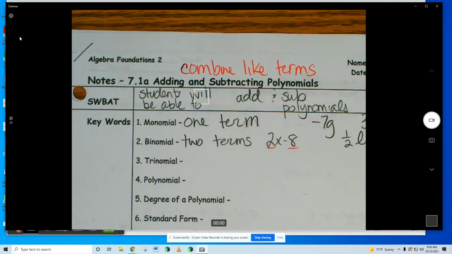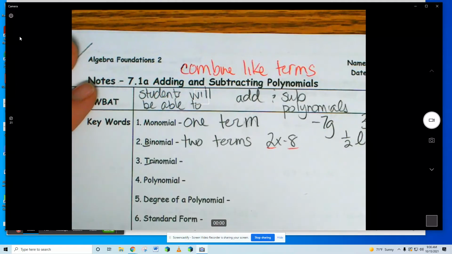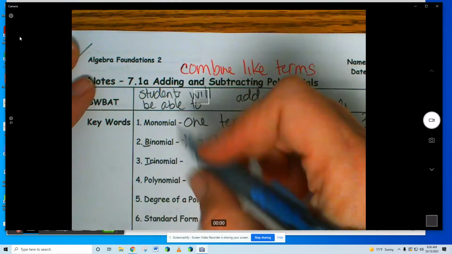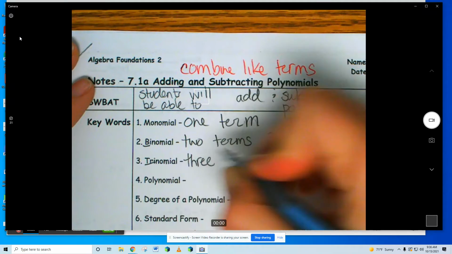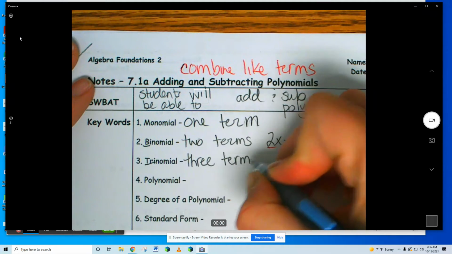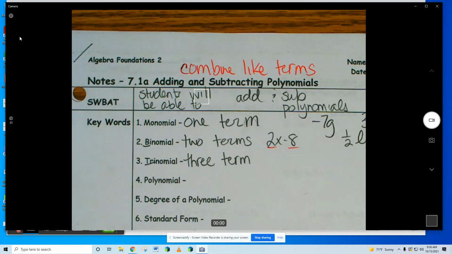A trinomial is going to be three terms. Do you get it? In Latin, the prefixes mono, bi, tri, poly. What are some other words that you know that start with tri? Tricycle, three wheels. What else? Triangle, three sides. What else?